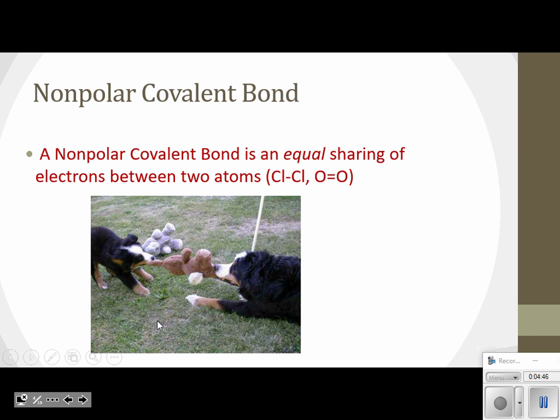If we look at chlorine and chlorine, obviously the electronegativities are going to be the same, aren't they? So, is anybody pulling those electrons any more than the other? No. So it is a tie. That would be a non-polar covalent bond.